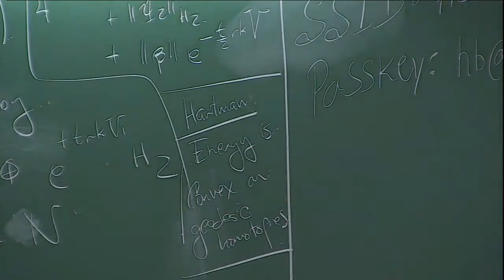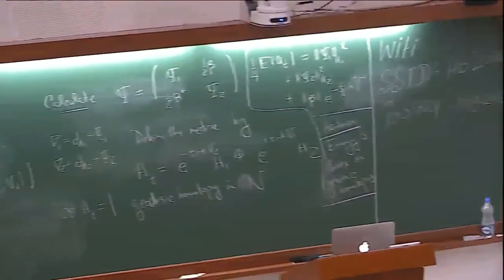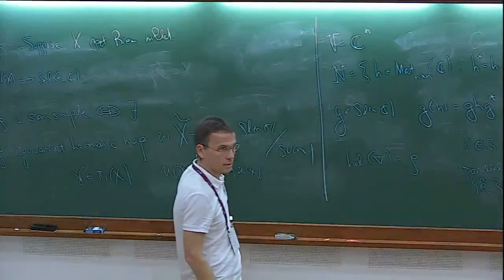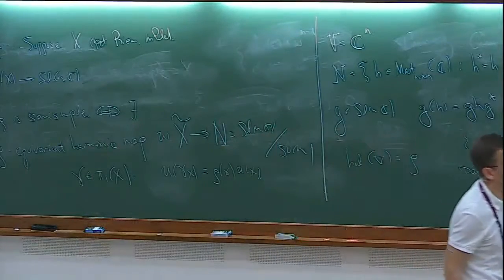So if I take maps to any non-positively curved metric space, I take two maps and look at the geodesic homotopy between them, then the energy along that path of maps is convex. That's the statement. It's completely a consequence of the non-positive curvature of the target.